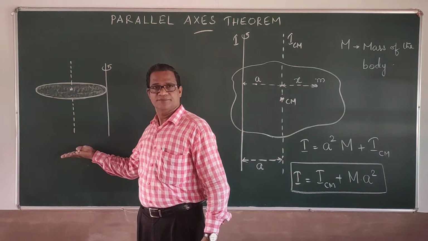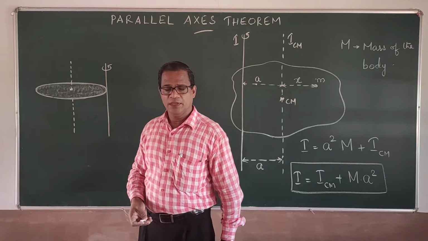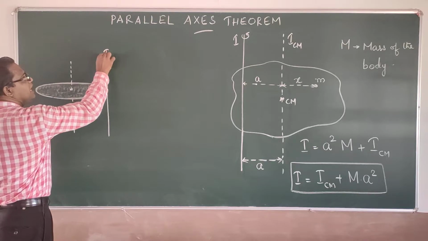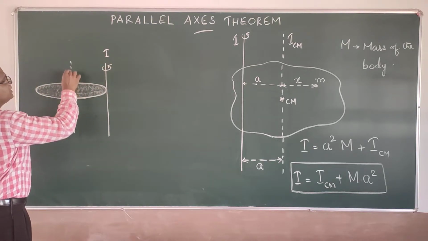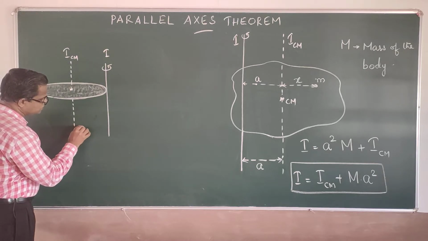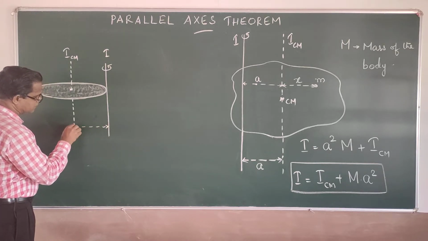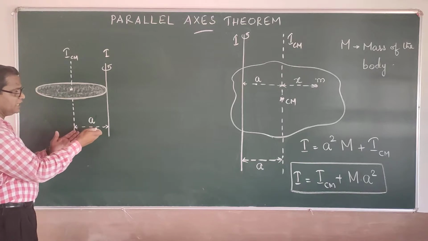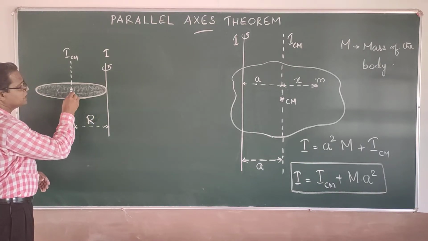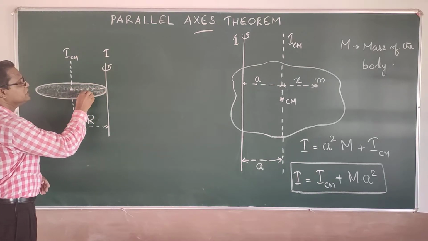This will be I we want to find, and this can be treated as I_CM. Between these two parallel axes you have a distance a, which is equal to the radius of the disk.